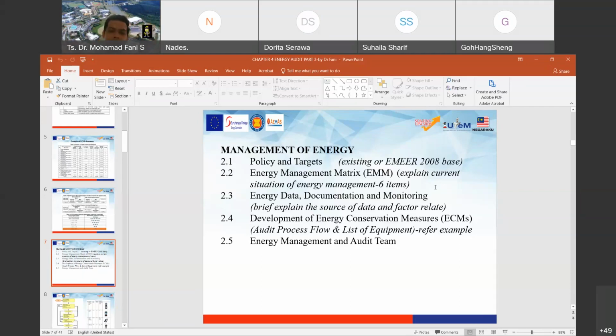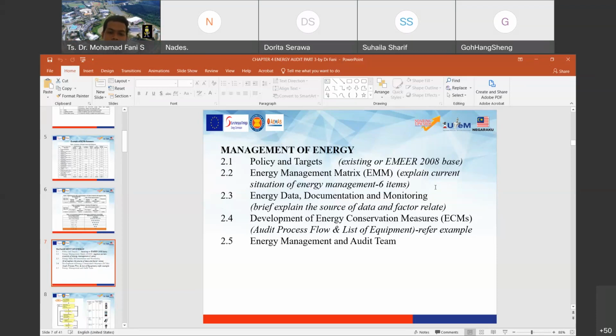If you select the shoplot, where the business environment is food and F&B, you can write the energy management matrix and put the status on this 2.2.